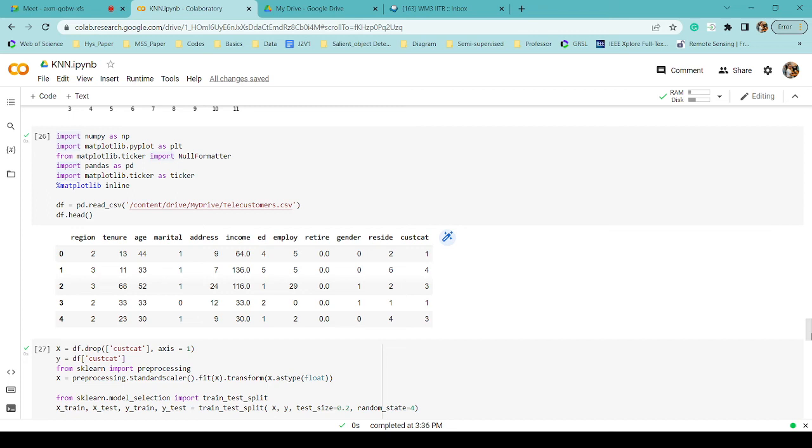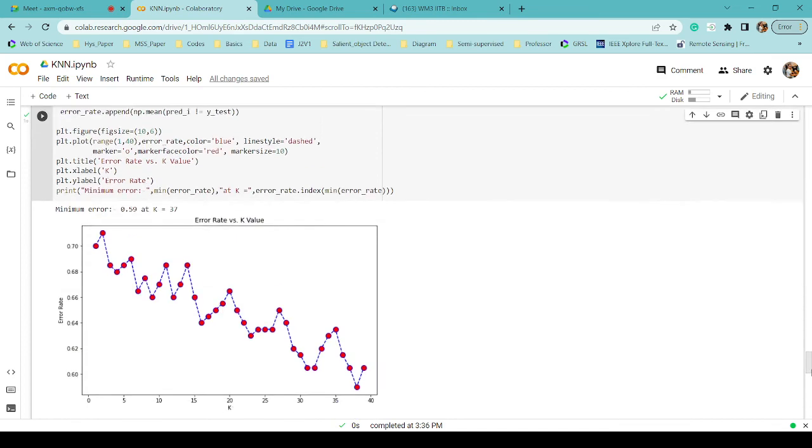Third, what we saw was how to find the value of k if my data set is really huge. So what we can do is find it in terms of error rate and accuracy. At whatever k value my error rate is minimum and my accuracy is maximum, at that particular point we can find my k value. Okay.